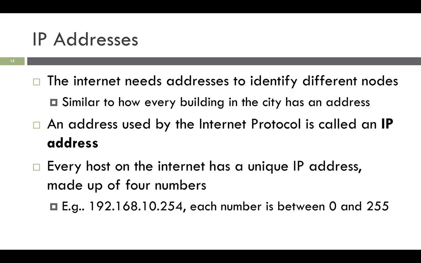Every host on the Internet has a unique IP address that's made up of 4 numbers that range from 0 to 255. An example of an IP address is 192.168.10.254. Just as a mailing address tells the postal system where to send the mail, IP addresses tell the Internet protocol where to send the data.